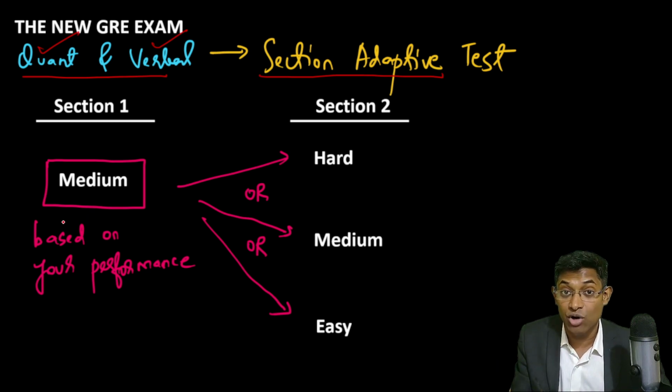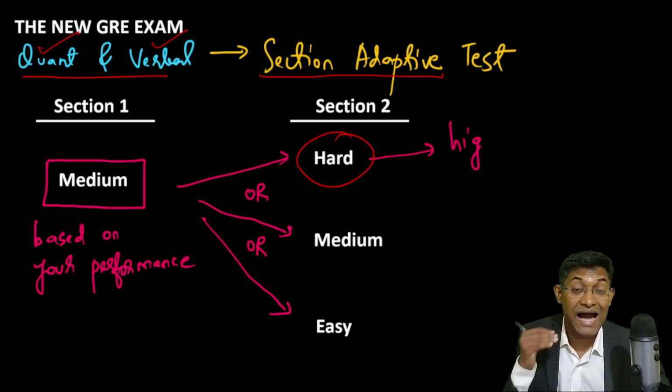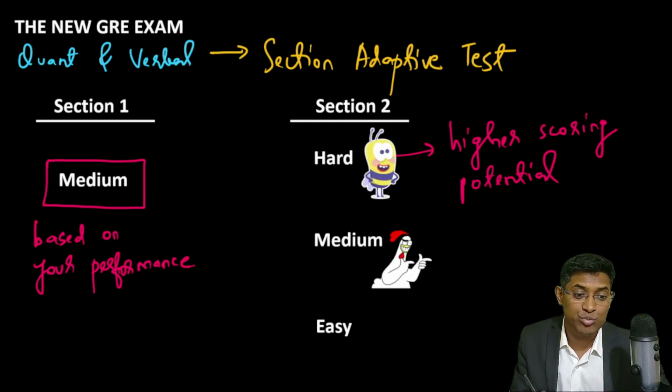Now, the advantage of getting a hard test in section 2 is that getting a hard test has a higher scoring potential than getting a medium or easy test in section 2. Now, what does that mean? Let's say you have two persons, B and Hen. Let's say B did well in section 1, and because of that, as part of section 2, B got the hard test, and Hen got only the medium test as part of section 2.